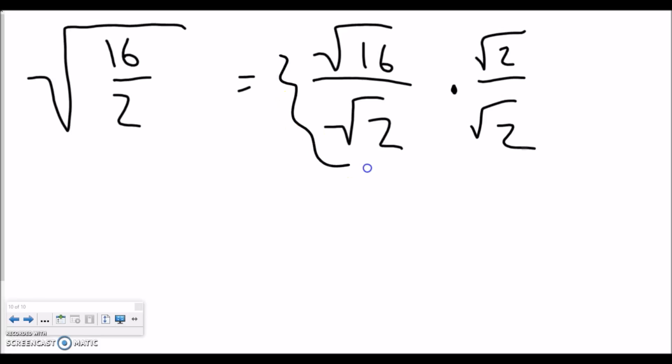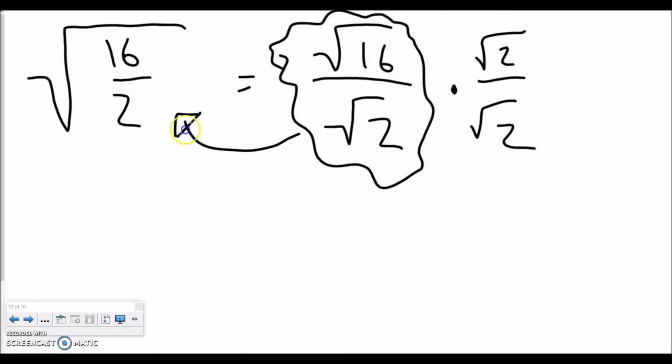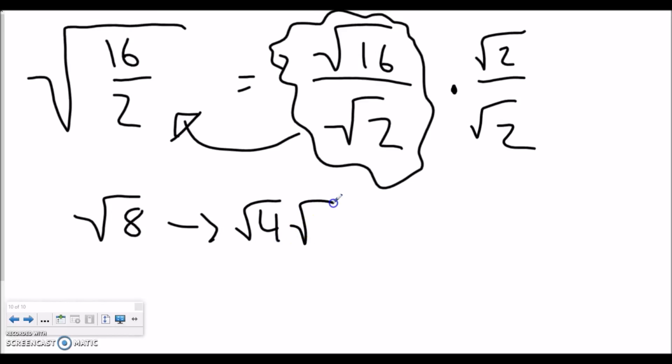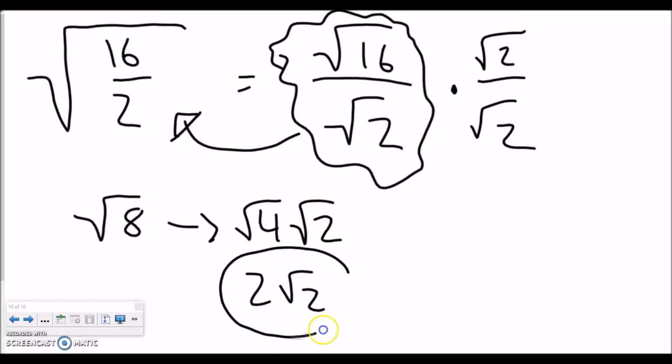But hopefully you notice that since the 16 and the 2 are both inside the square root, we can reduce this fraction. So we could just change this problem to the square root of 8. Well, we know the square root of 8 breaks apart to the square root of 4 and the square root of 2. So 2 square roots of 2.